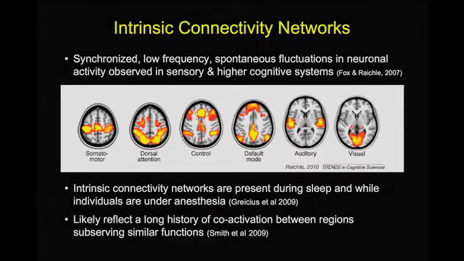And as I said, we take these intrinsic connectivity networks to reflect the long history of co-activation between brain regions subserving different functions. So in a way, they are a way in which we can tap into what the brain has learned, how the brain has functioned in the past. So imagine like a trail through a forest. When something has worked, now you see a connection between different places where people wanted to go.